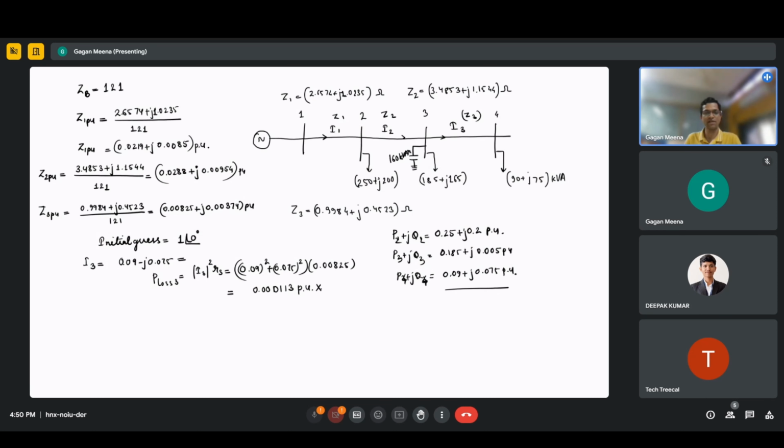So we need to multiply it by 1000, and we will get it in kilowatt.